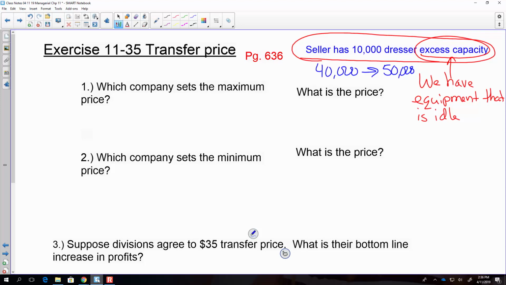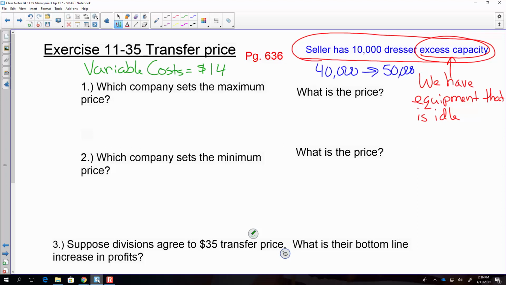So we are looking at this. One more item. They say that the variable costs equal $14. Variable cost equal 14.